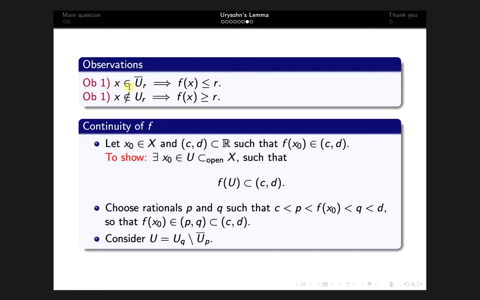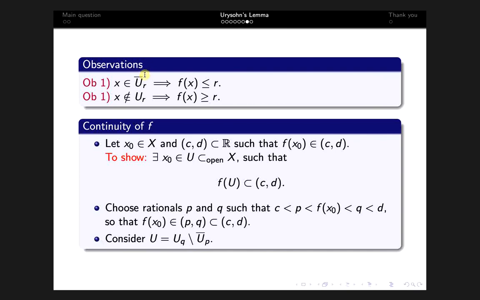Let me discuss it once again. If x belongs to U R closure, then for every rational R prime greater than R, U R closure is contained in U R prime.